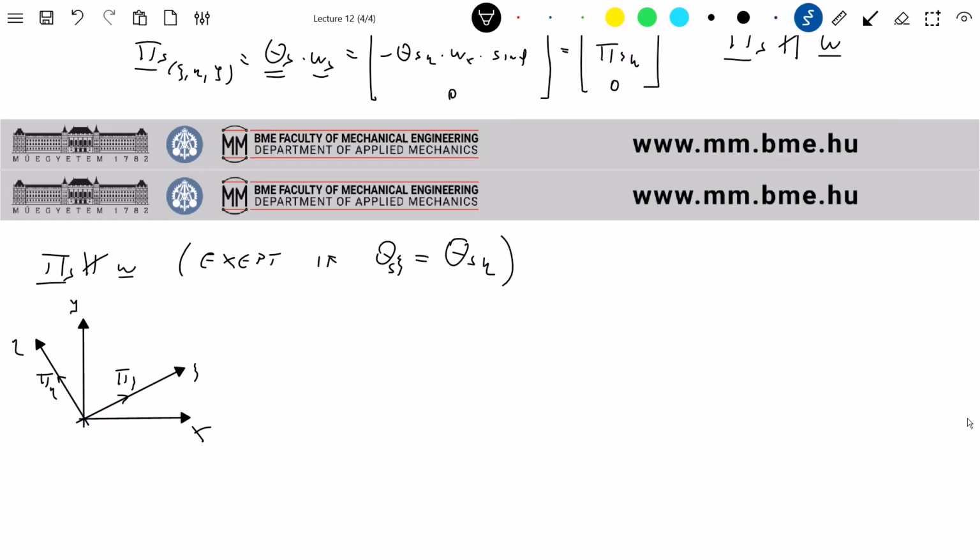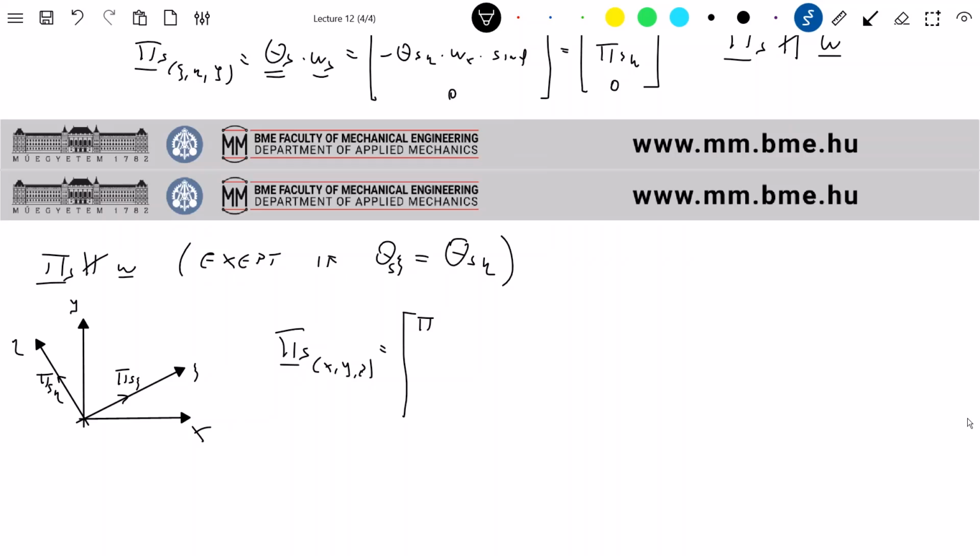Now if we project this on the x, y, z reference frame, we obtain, this should be pi s psi, pi s eta.